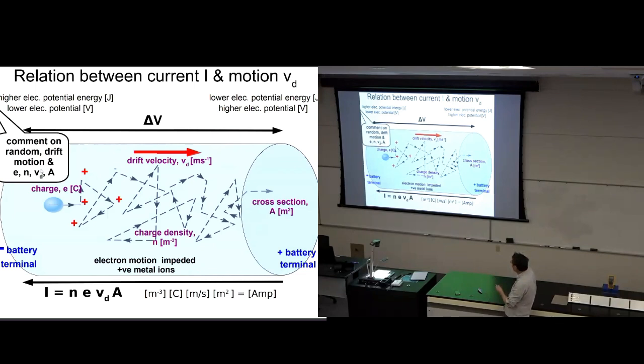So each electron has a charge. It's because the electron has a charge that there's an electrical current as it gradually moves from the left to the right. Each electron has a drift velocity. So this is not the thermal motion. This v_d is just that consistent gradual drift from left to right. So that's the drift velocity in meters per second.